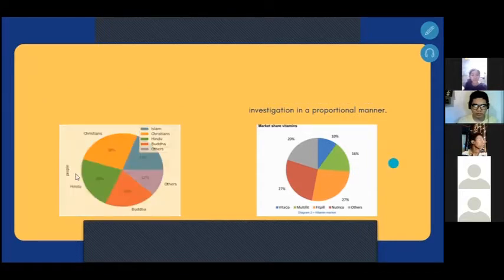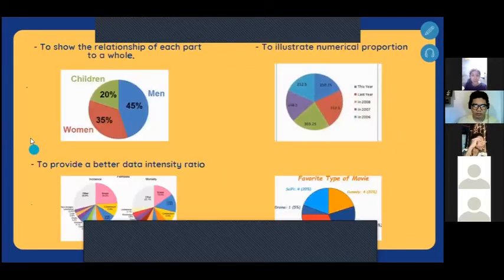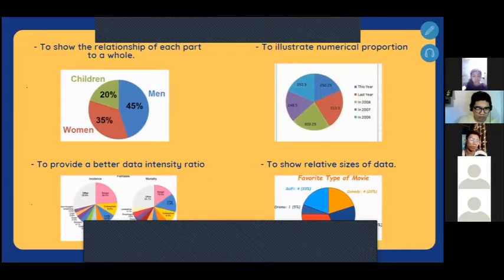When we say proportional manner, it is to arrange the information in a manner that can be easily understood. Next is to show the relationship of each part to the whole data. For example, in a 100% pie graph, 20% are children, 45% are men, and 35% are women.